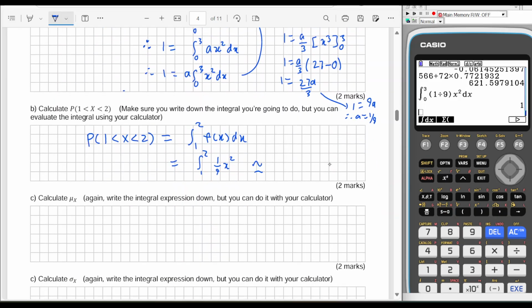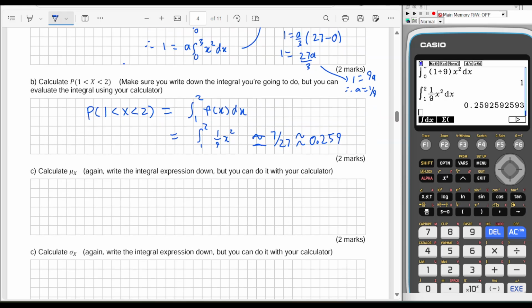So this roughly equals, and we can do that integral on our calculator. So we're going to have 1 over 9 there, and have x squared there, and we're going to go from 1 to 2, 7 over 27. So this equals 7 over 27, but it's a probability, so they usually like it as a decimal, so it's about 0.259.